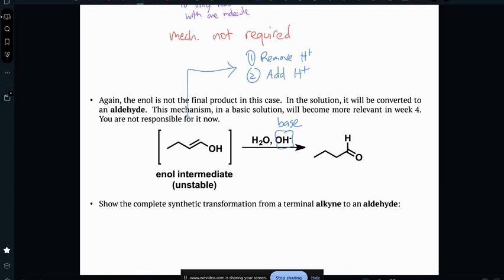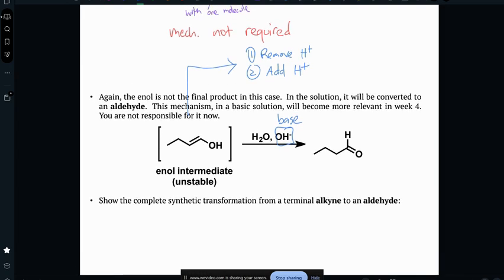This is a mechanism that you wouldn't see in most courses until much later. So I don't think you necessarily need to worry about it, but if you're interested, I'll draw it out at the very end.